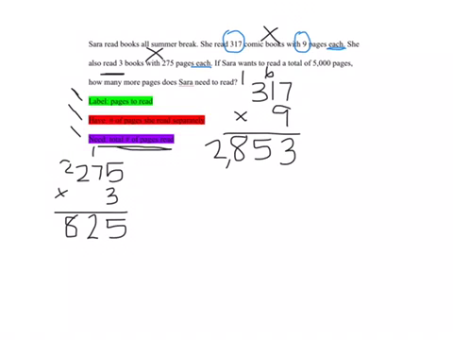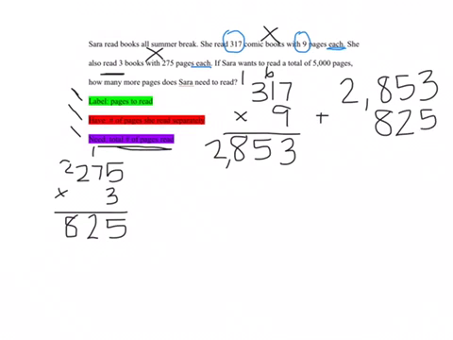So we forgot one operation. We're actually going to add these two numbers together before I can subtract. 2,853 plus 825. 5 plus 3 is 8. 5 plus 2 is 7. 8 plus 8 is 16.